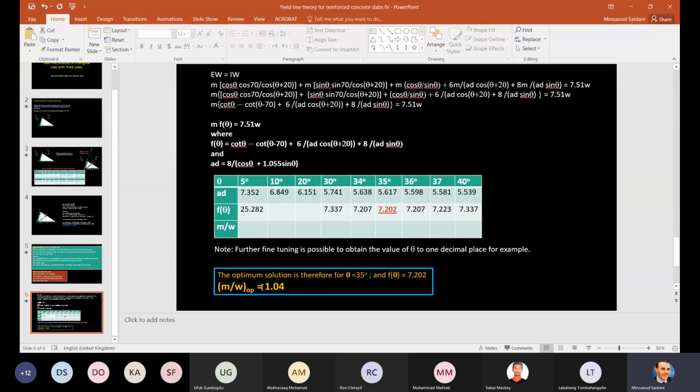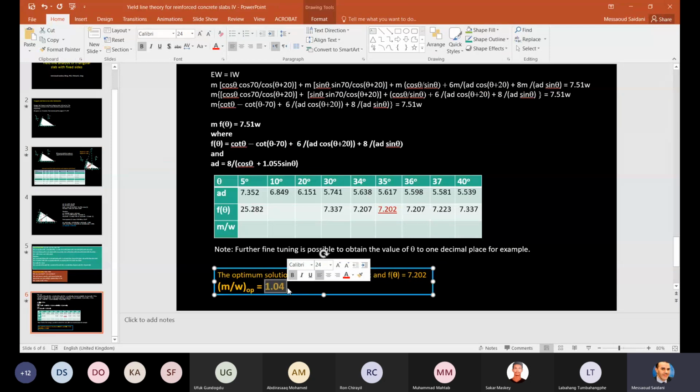What will be different is this here. I can't remember the value last week, but we had something like 3.63. Exactly. So the value of m over w will change, because now we have the moments at the supports on the two sides, but not surprisingly, the optimum angle itself did not change. And this concludes this problem here.